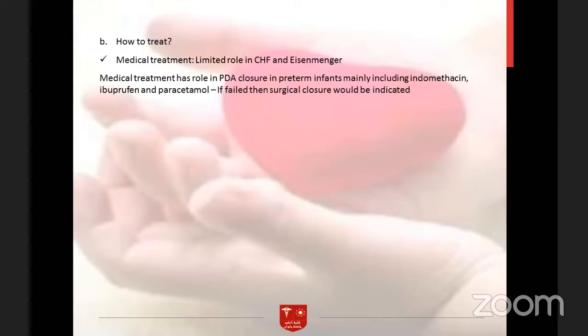The role of medical treatment is very important in preterm infants, mainly including indomethacin, ibuprofen, and paracetamol, and if failed, then surgical closure would be indicated. But the role of medical treatment in term infants is limited.